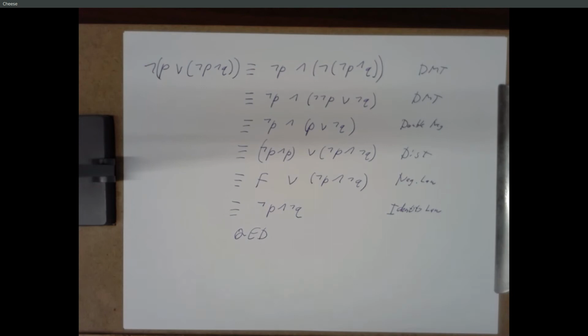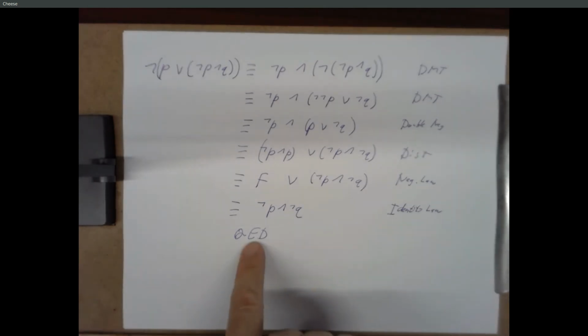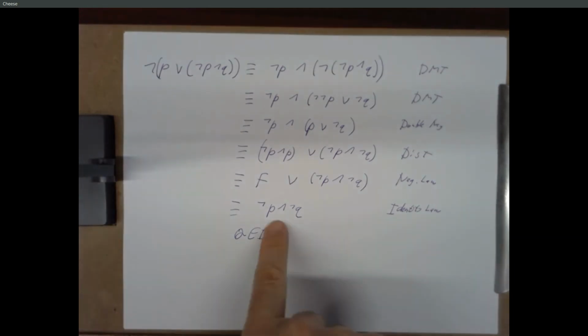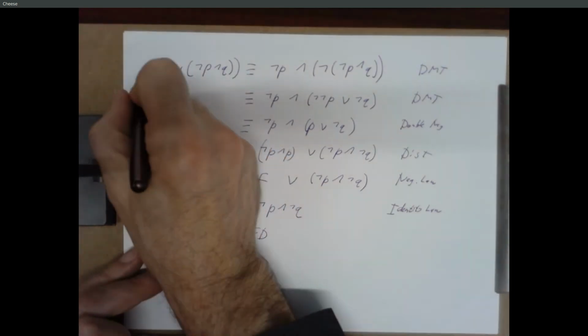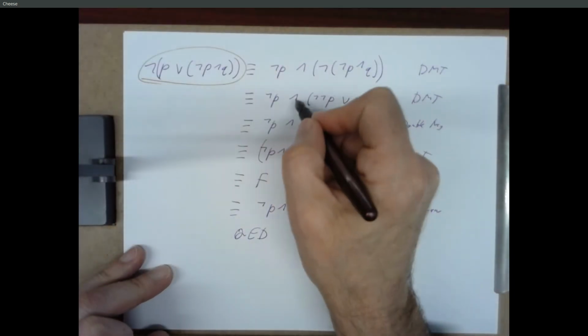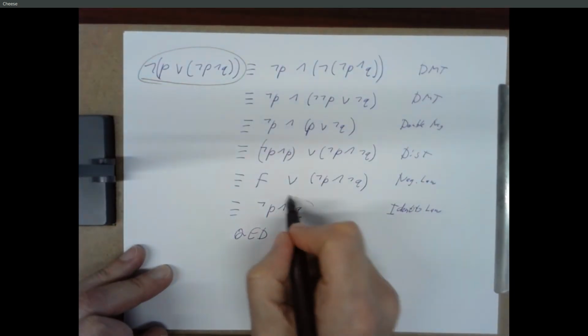So the last bit that you got is equivalent to the top left, right? Say again? The QED. Mm-hmm. That, or no, the QED before that. This? Yeah. That is equivalent to the top left. So basically we showed that this was equivalent to this, equivalent to that, and this.